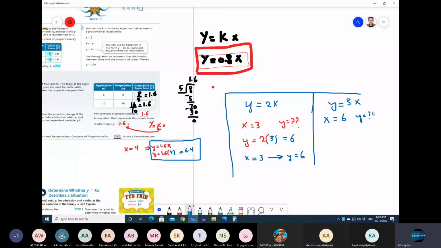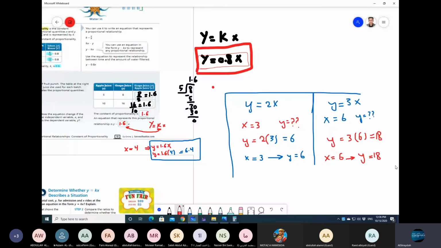Just substitute the value of x: y equals 3 times 6, which is equal to 18. So when x equals 6, y equals 18. You just substitute the value given, either x or y.